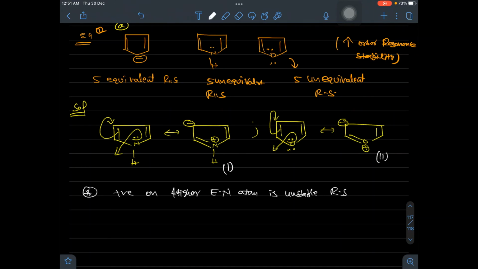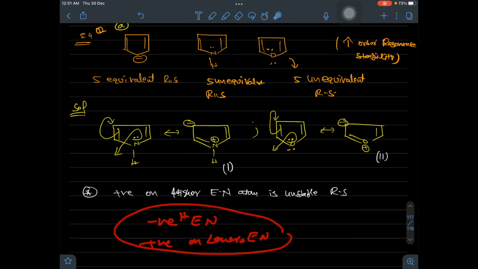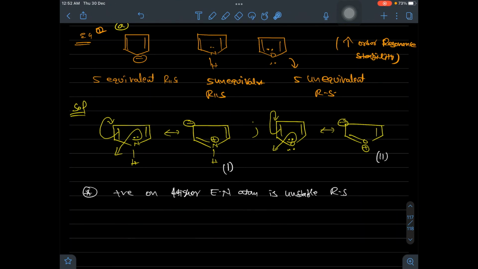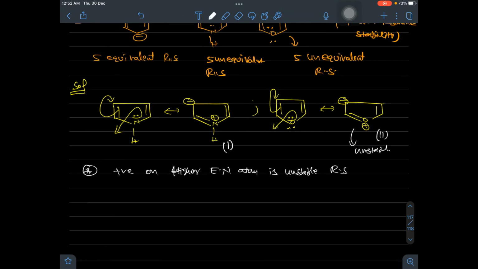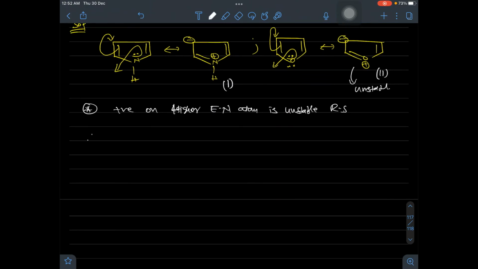There we discussed that a resonance structure having negative charge on the higher electronegative atom and positive charge on the lower electronegative atom is stable. When these conditions are reversed, it becomes unstable. Among nitrogen and oxygen, the higher electronegative atom is oxygen. Since oxygen is more electronegative, holding positive charge is unstable, isn't it? And nitrogen is stable. So a very simple conclusion I can give.